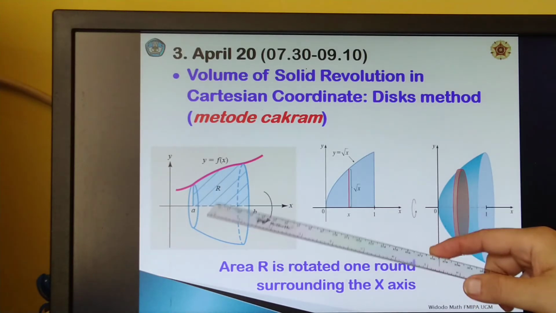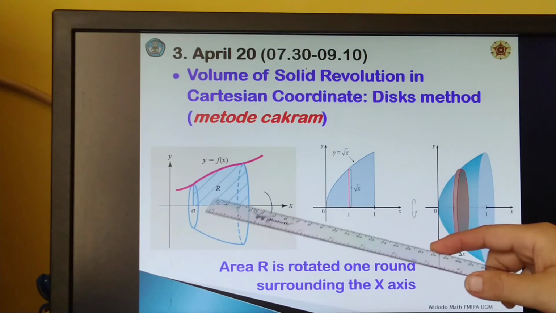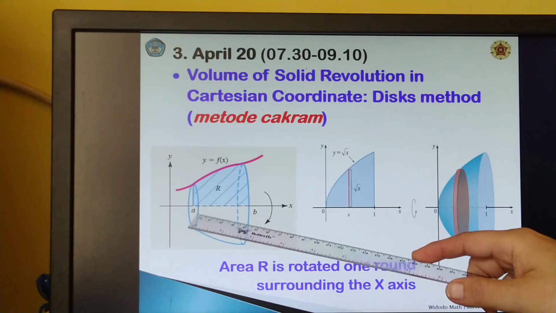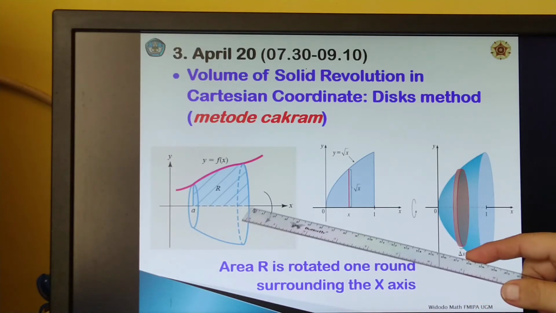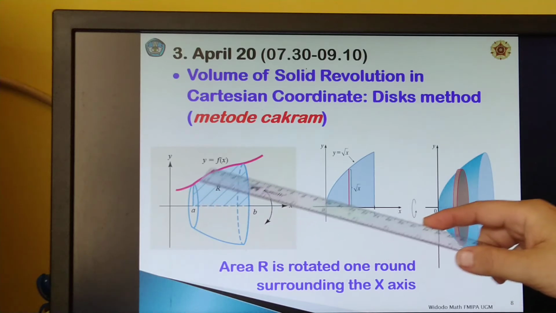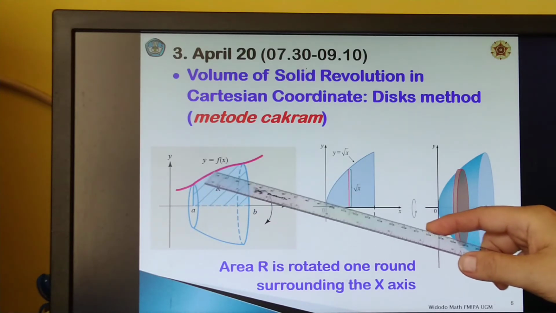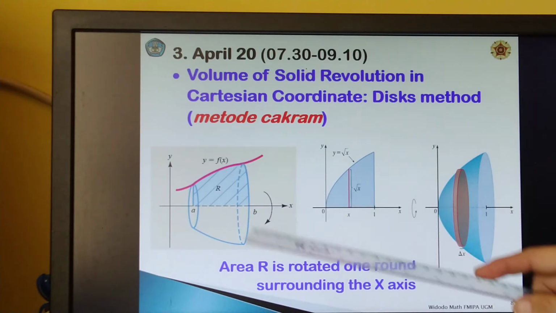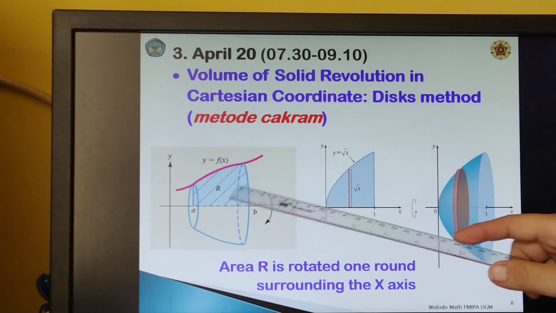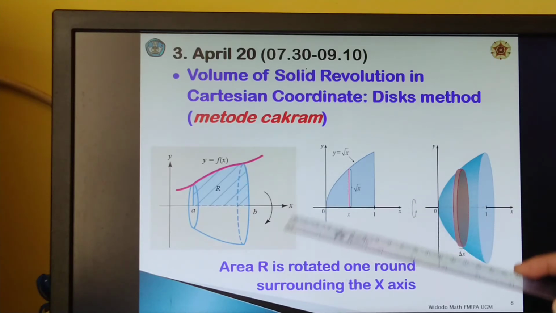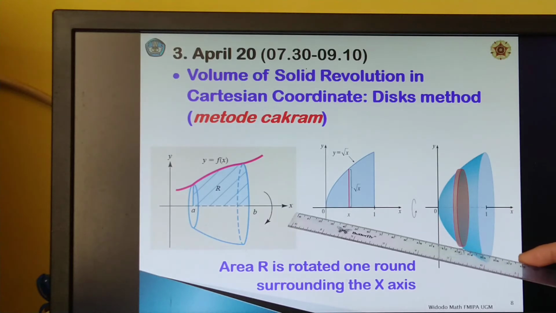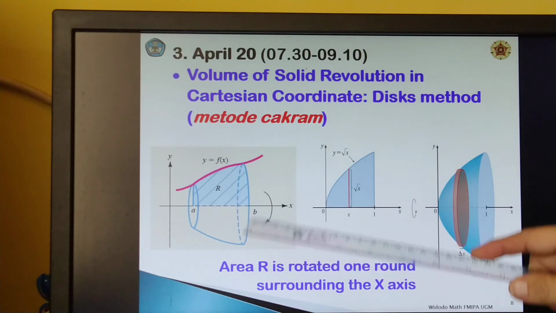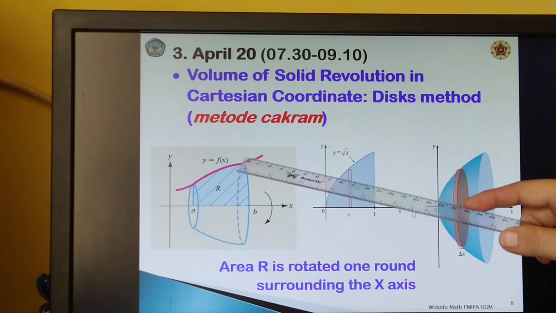First, we have R. What is R? R is the area restricted by x equal to a, x equal to b, and above by the curve y equal to f(x). We focus on this area R. If R is rotated one round around the x-axis, then we have the solid of revolution.